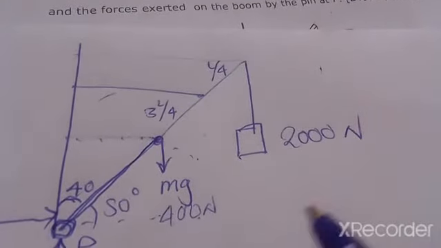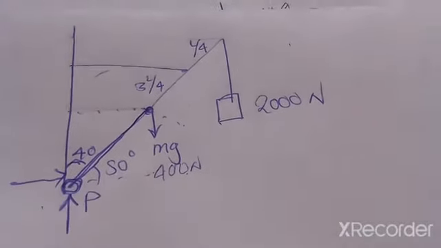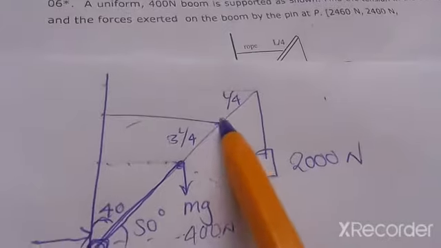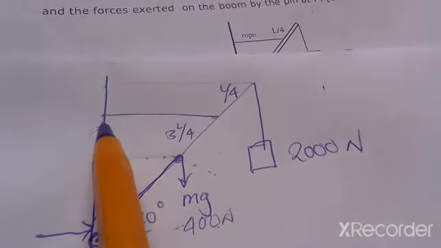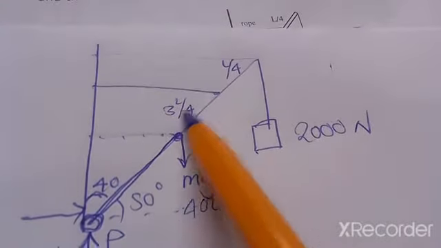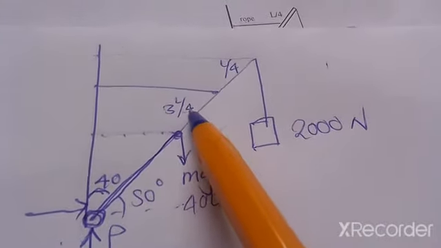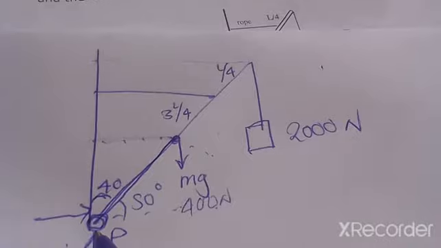Then we'll go to the second one, which is anti-clockwise. The torque with reference to the rope. Okay, so the rope is 3L over 4 distance from the hinge.